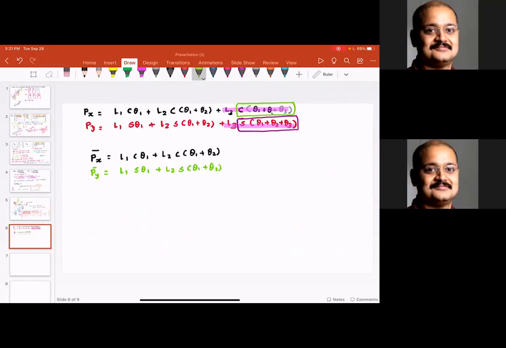You agree with me? Px bar and Py bar are different from Px and Py.